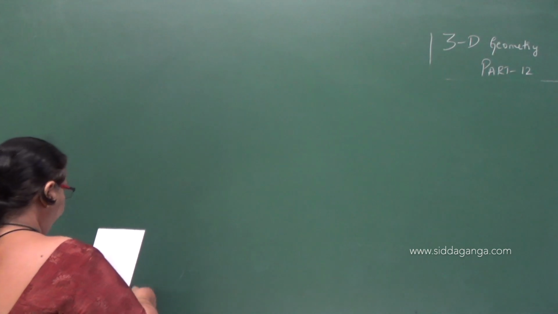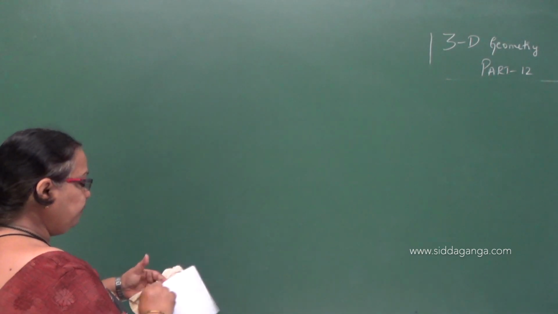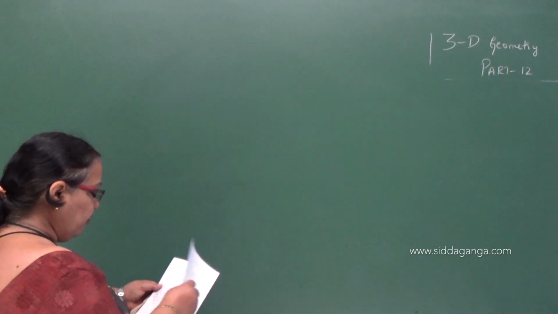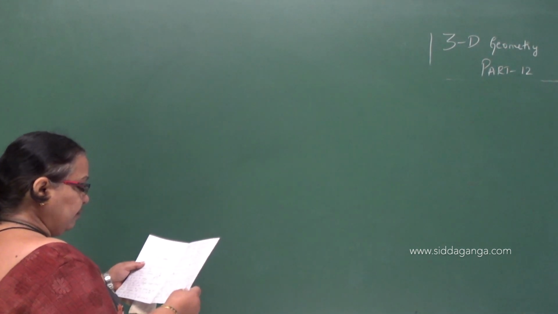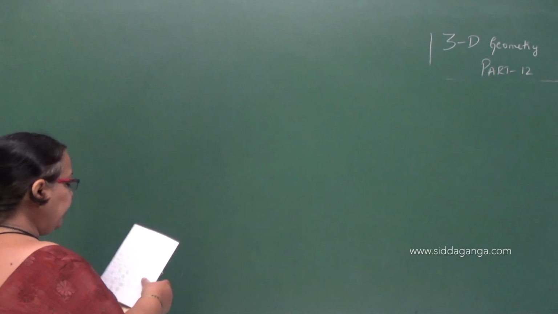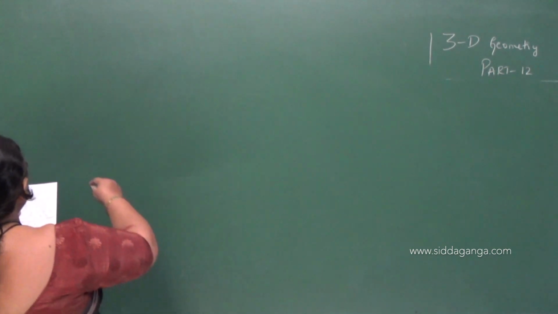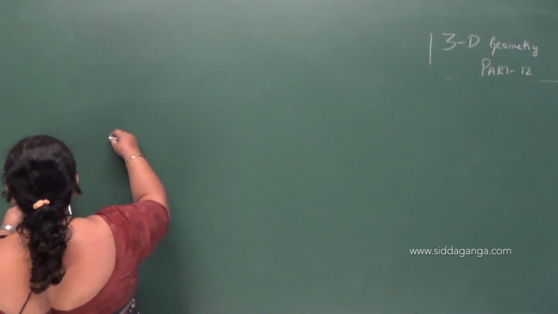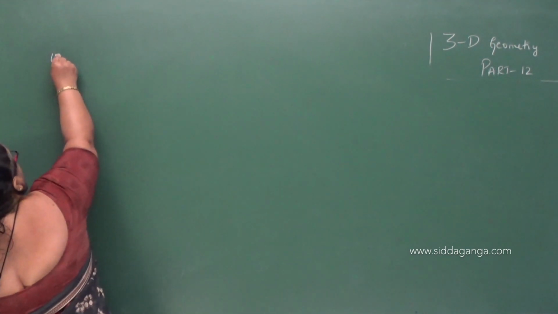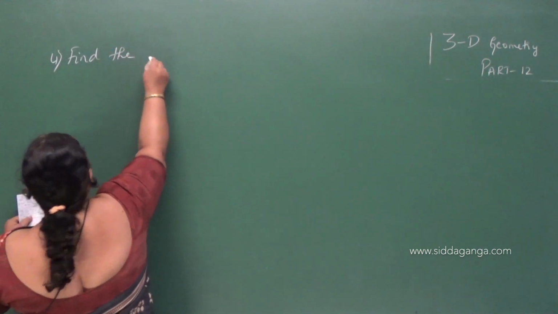In the fourth main we have 4 examples. We have to find the foot of the perpendicular.